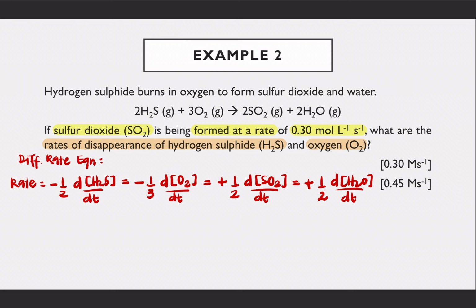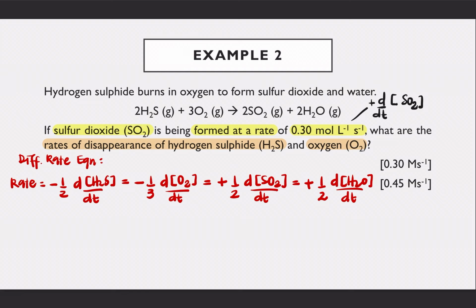Alright, so in this question here, it says if sulfur dioxide SO2 is being formed at a rate 0.30 mole per liter per second, that means that this is your rate of formation. Maksudnya d, ni plus d over dt for SO2.